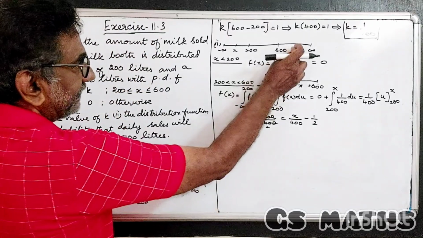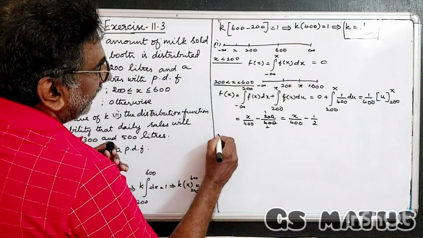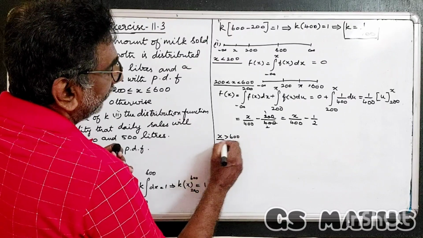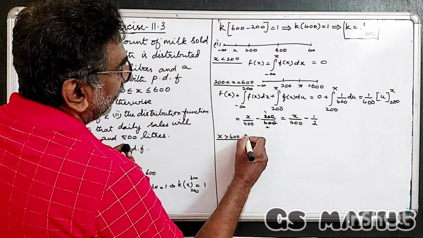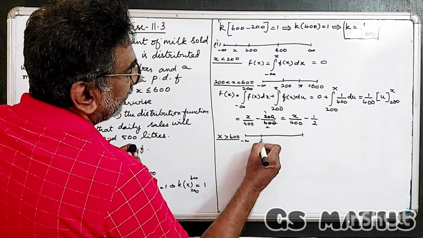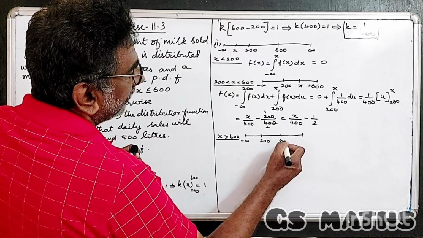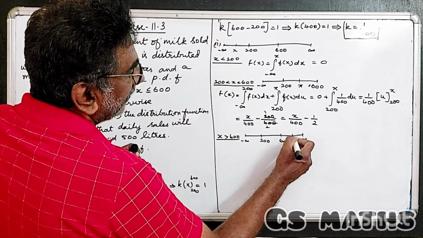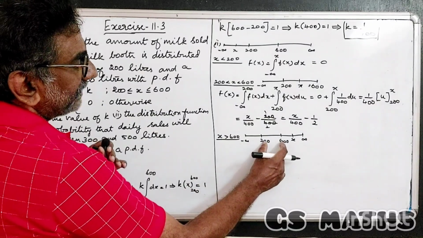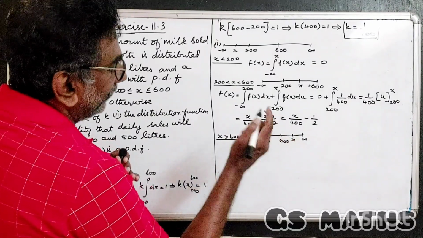Now x lies in the third interval, that is x is greater than 600. Where will x be on the number line? Minus infinity, here it is 200, here it is 600, and here it is infinity. x will be here. So the interval 200 to 600 is fully included, and 600 to x is included.